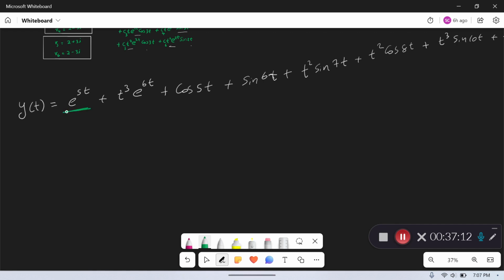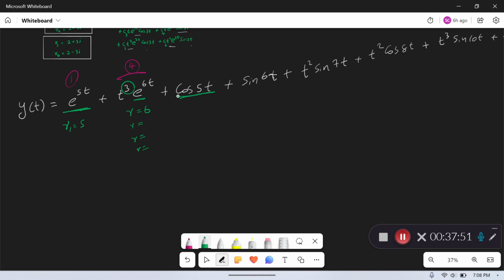Here we have this term which goes with just the single root, right? So we have one root equal to 5. And here we have another root which is equal to 6. And that root was repeated 3 times, 4 times. So you have 4 roots here. So here you have one root, and for this term it goes with 4 roots.